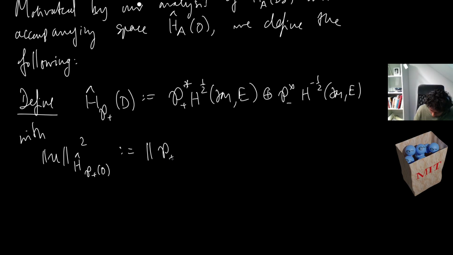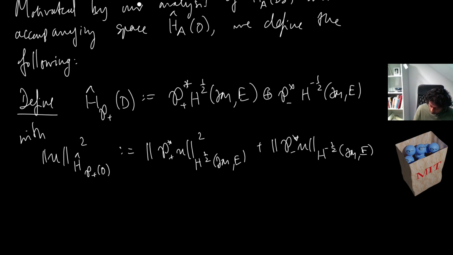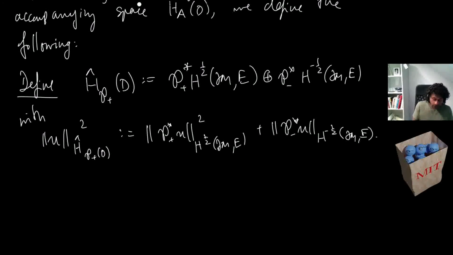So P plus star of U H a half partial ME squared plus P minus star U H minus a half partial ME. Okay, so this is what I'm talking about when I say that there's a geometry, because when we compute the dual spaces now, the dual space is really the hat space, and that sees the projector, right? It sees the way that we've cut up the space in terms of the projector.